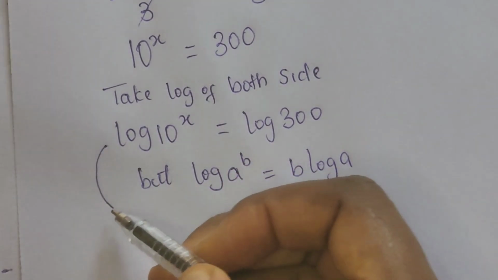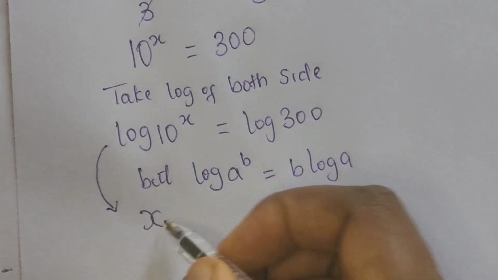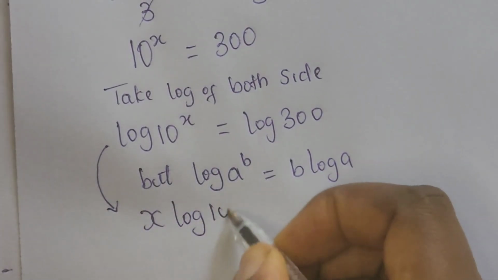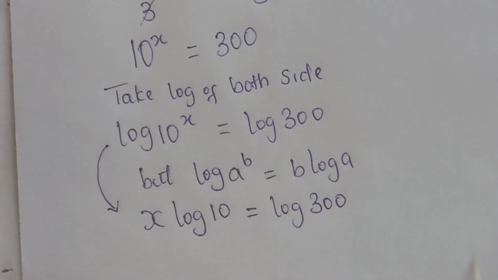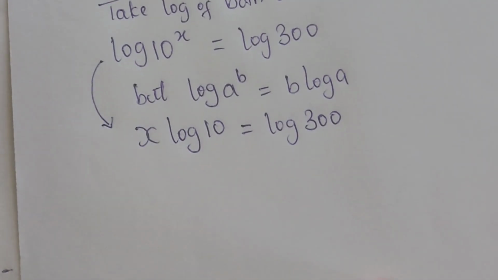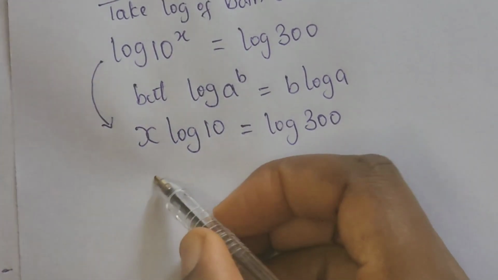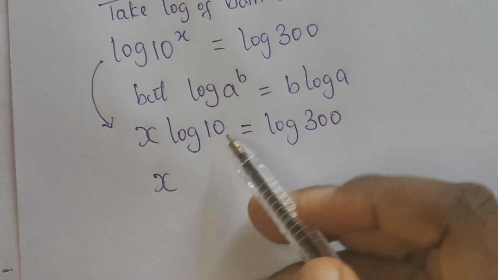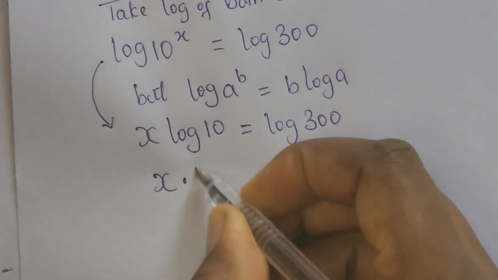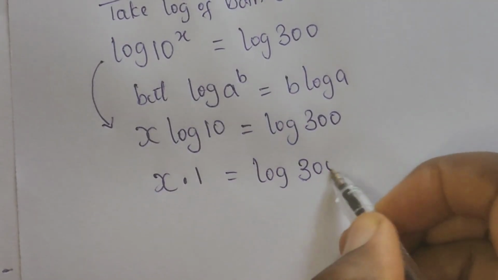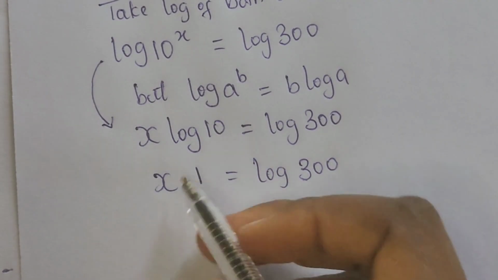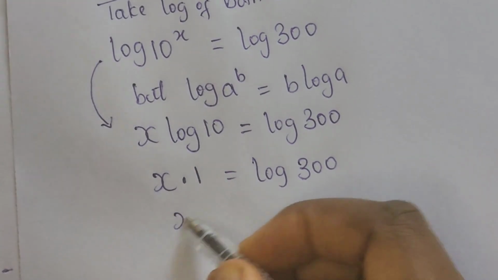So this will become x times log of 10 equal to log of 300. So from here we have x, and we know that log of 10 is 1. So we have equal to log 300. So from here x times 1 is x.